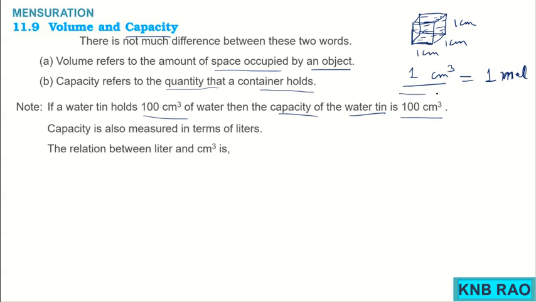Okay. So this is a very important conversion. Understood? A cube of 1 centimeter side, the amount of liquid that it holds is called 1 ml. Now if you know this much, then you can go for it: 1 liter is nothing but 1000 milliliters.